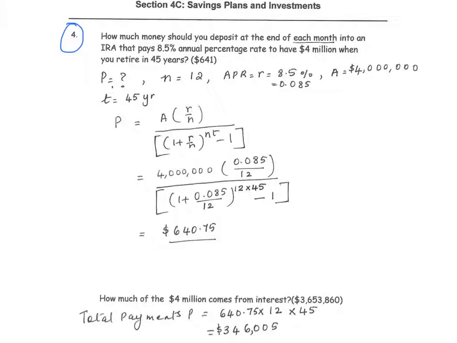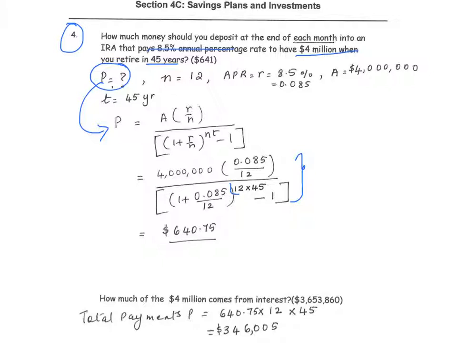Based on that, you need to substitute numbers into the correct formula. The annual percentage rate is given. The total accumulated amount is 4 million, and the amount of time that you're going to invest in this account is 45 years. So what is the monthly payment? What is P? We use the formula for P, and since we know all the other numbers, we enter them into the calculator using parentheses.